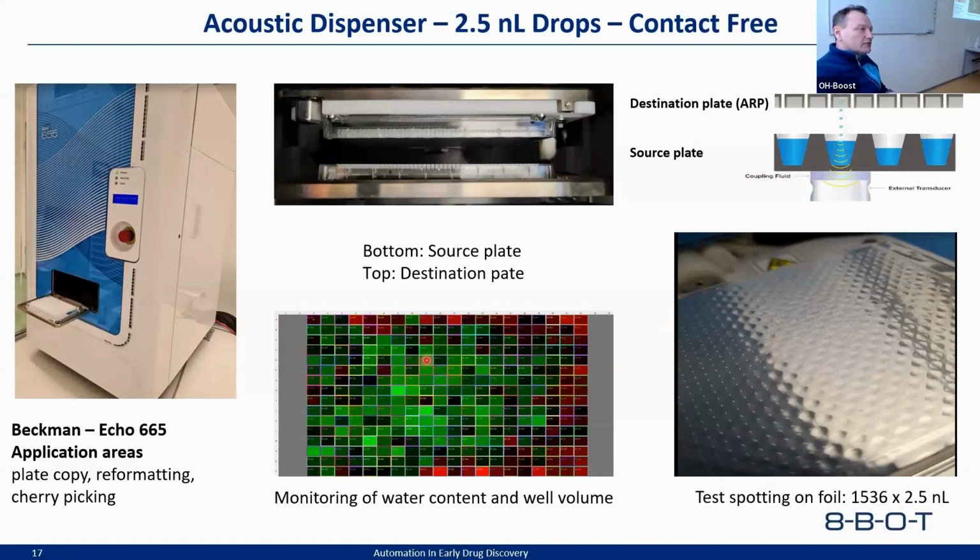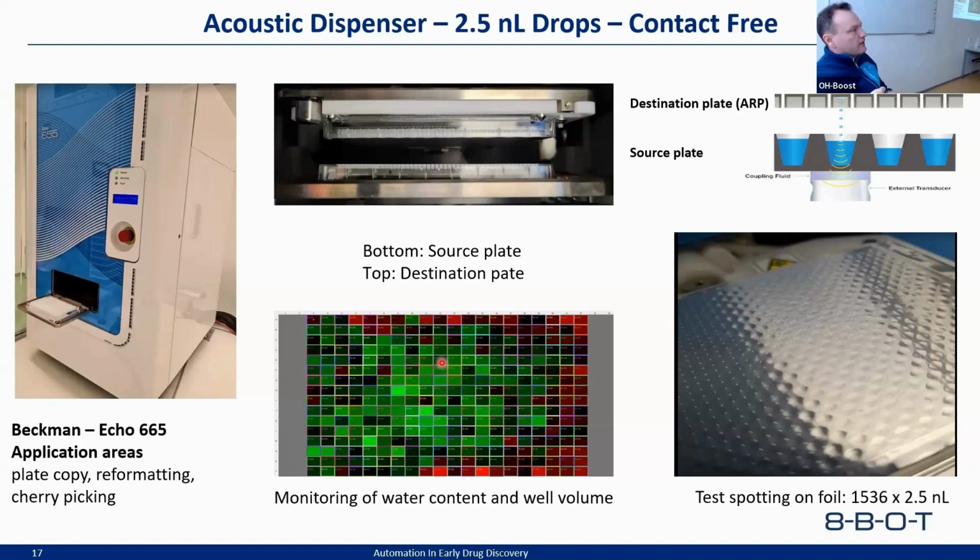What you can also do is measure the content of your plate. What you see here is a source plate where I marked the water content with different colors. They exert a sound wave into the well, and from the echo that is coming back, they can measure the volume which is left in the well, and they can measure the amount of water and DMSO in the well from 80 to 100%.